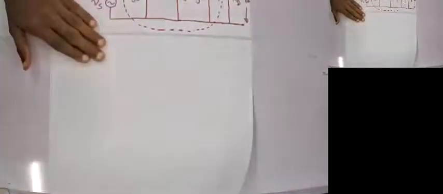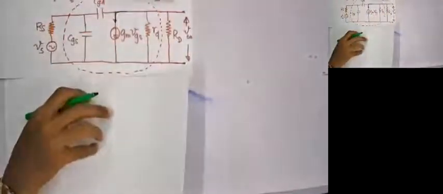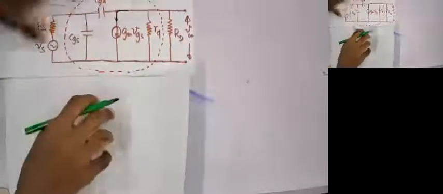Right. So now look at here. So this is, I would say, minus gm into VGS. First, what we have to do is forget about everything else. Forget about the transistor.